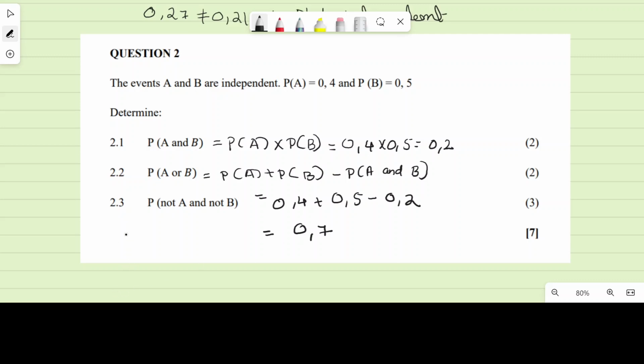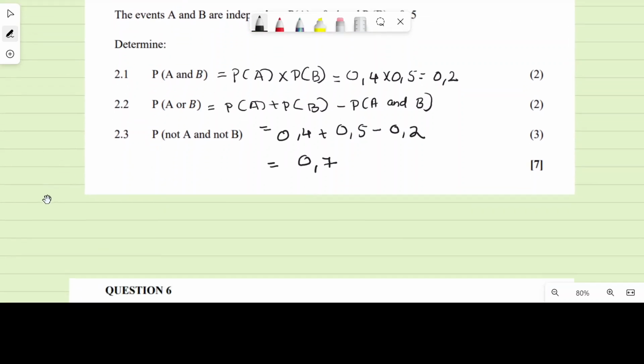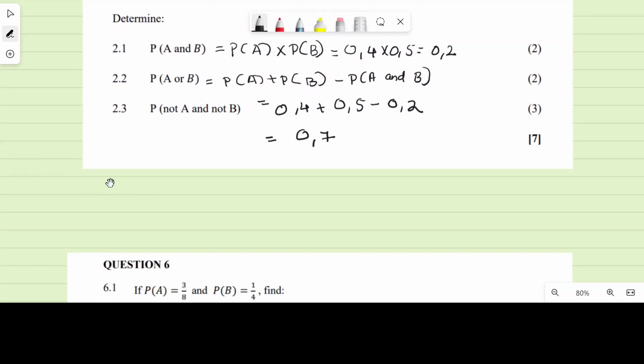Now we are going to see 2.3. What is P(not A and not B)? Not A and not B. The probability of not A and not B is actually 1 minus P(A or B), everything except P(A or B). But maybe some learners have a confusion about how to find that. Let me show you an easy way to remember how to find that.